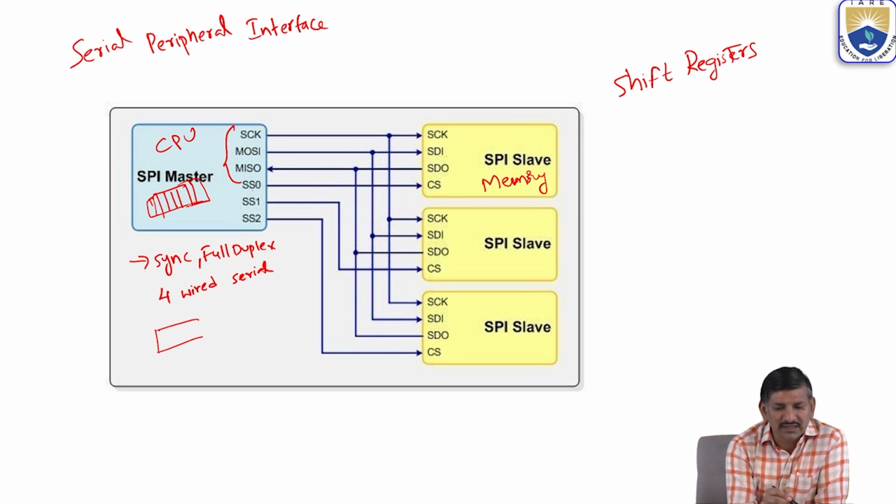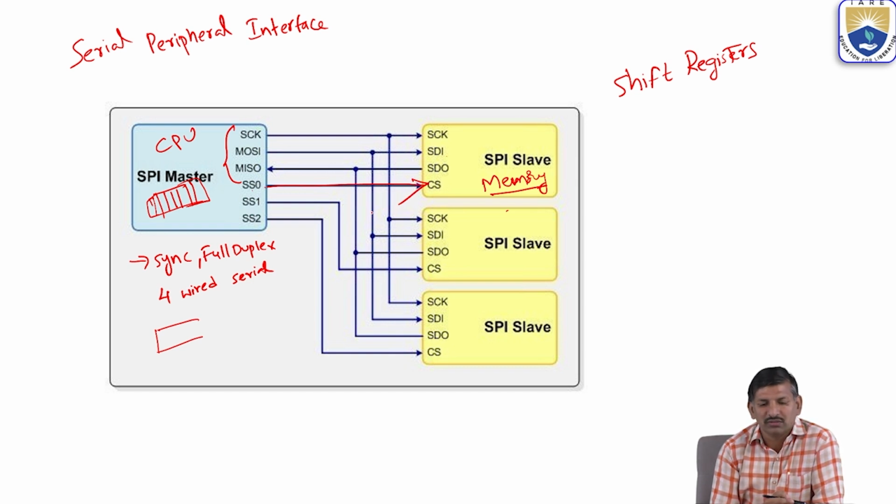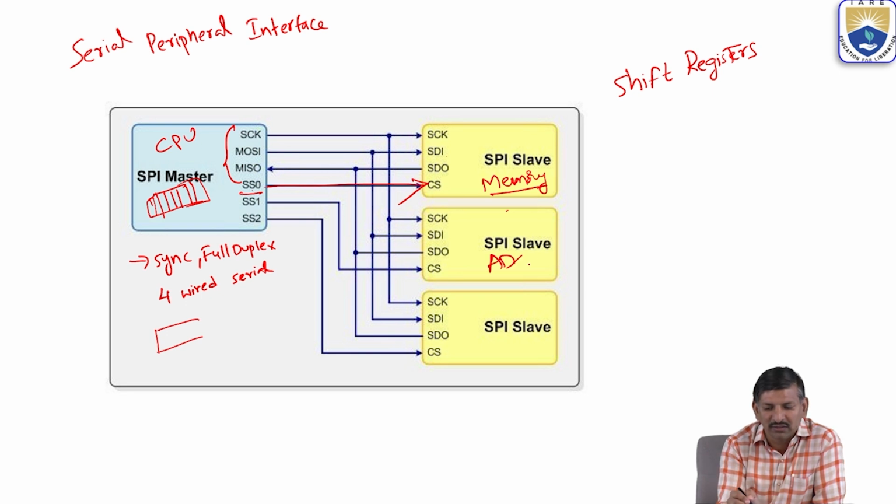Then the serial clock, which initially needs to be high, is used, and the particular slave device is selected. Based on the memory device address, that slave is selected here. Select the device where it wants to store the result. By using slave select, we can select a particular device: memory, ADC, some other device, or watchdog timer.